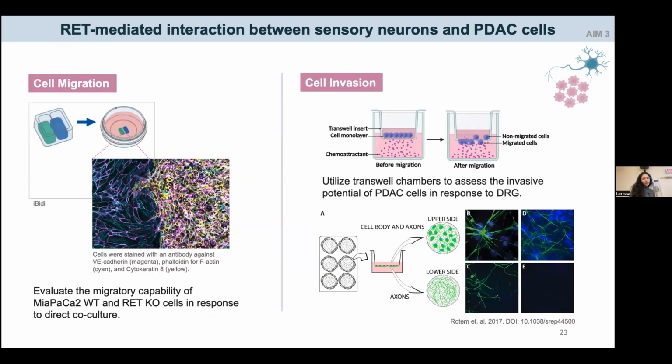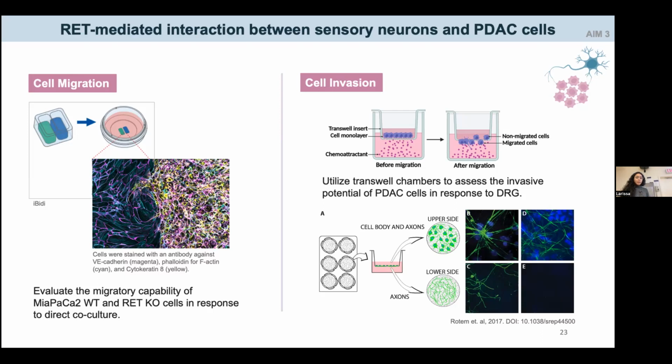Lastly, for our aim 3, after demonstrating the isolated RAD functions on PDAC cells or DRG neurons, we aim to provide a comprehensive characterization of the RAD-mediated interaction between sensory neurons and PDAC cells. By employing co-culture and 3D models, we will investigate key aspects of this interaction, including cancer cell migration and invasion toward DRG neurons.